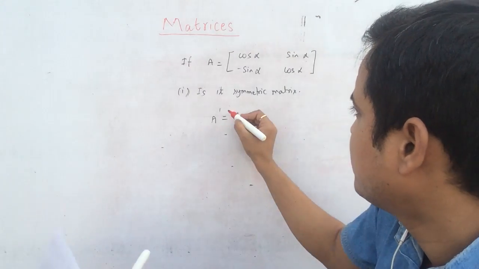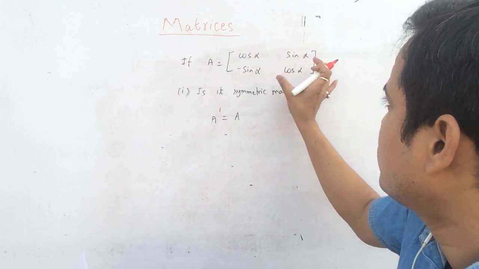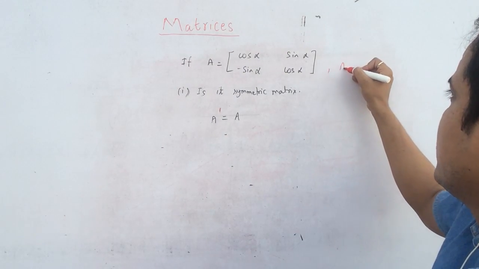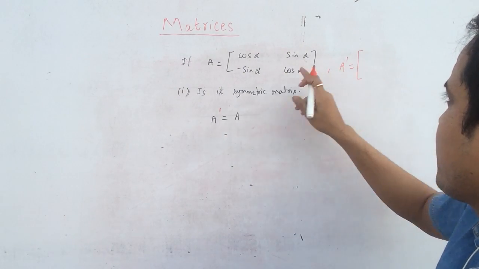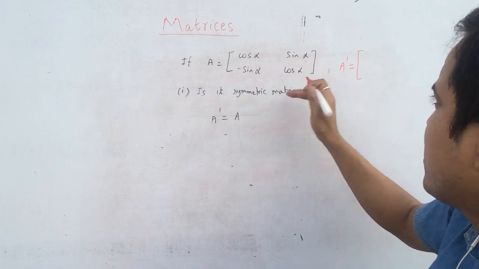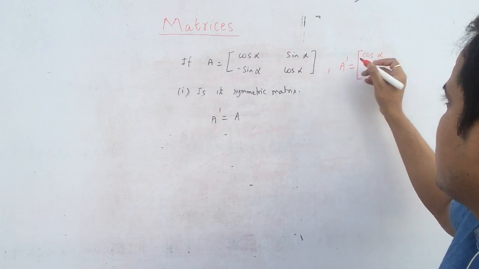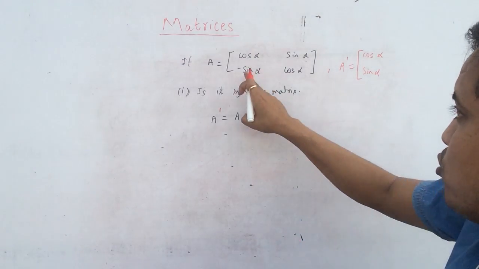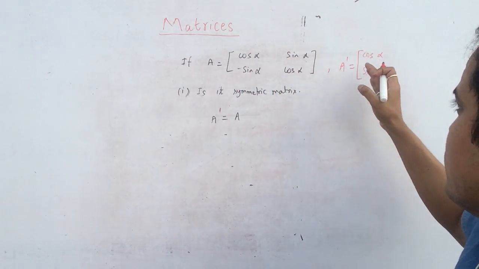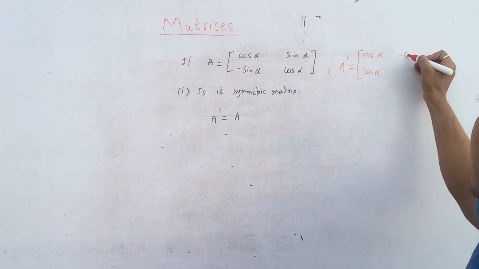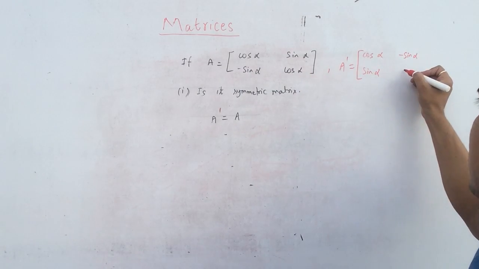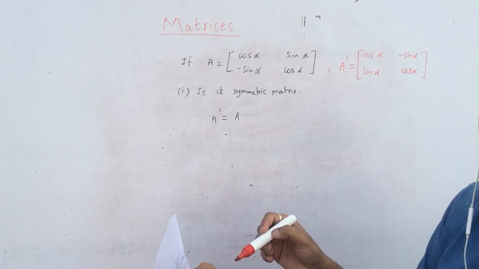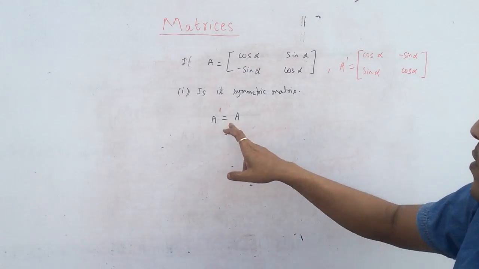Now do the transpose of this matrix. What would we do in order to find the transpose of this matrix? A transpose equal to, row 1 will become column 1, means cos alpha sin alpha, and row 2 will become column 2, means minus sin alpha and cos alpha. So this is your observation. So what do you see here?